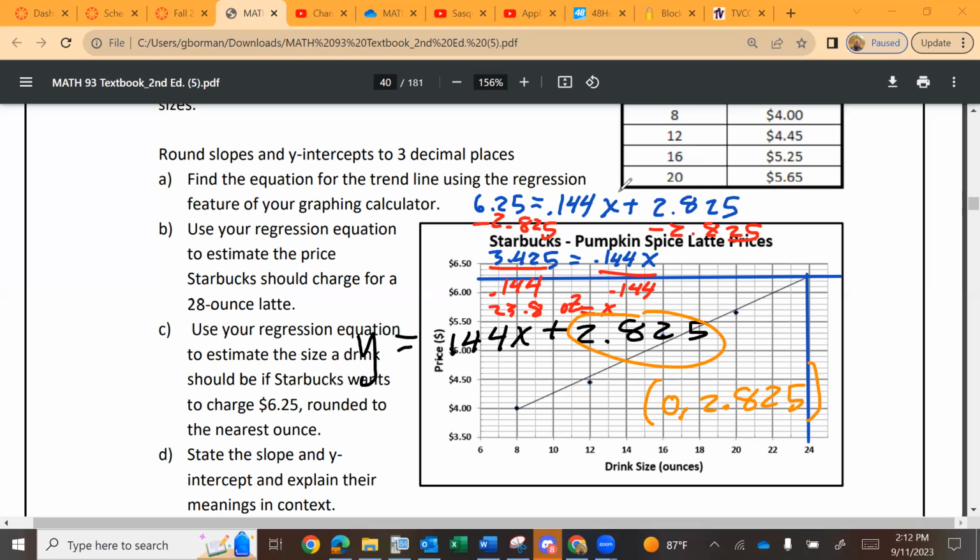Now, what about the slope? The slope is the number that is multiplied by X. Now, we've already learned in this course that slope is found by doing the difference of the Y values divided by the difference of the X values.